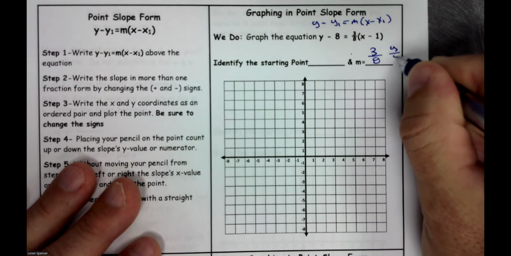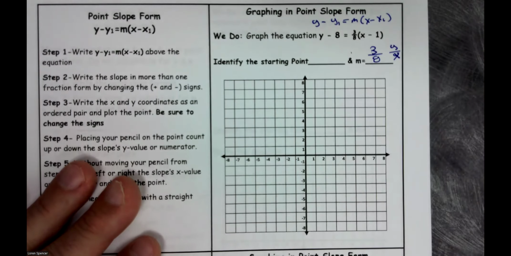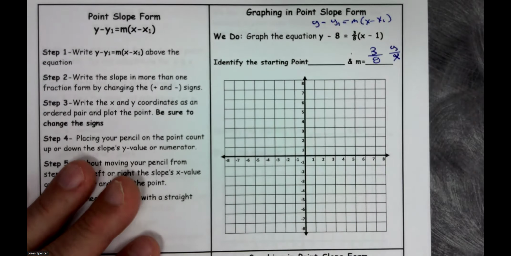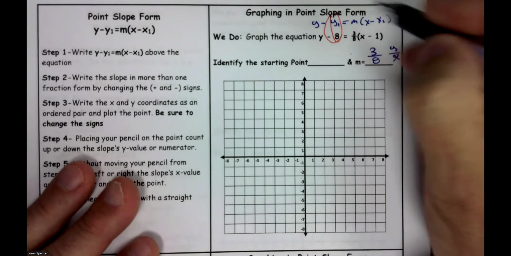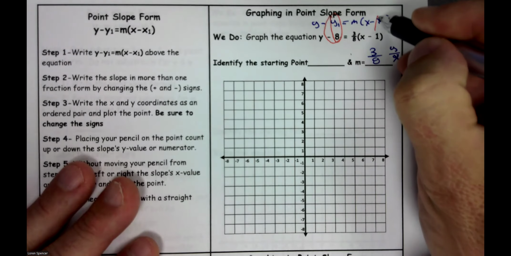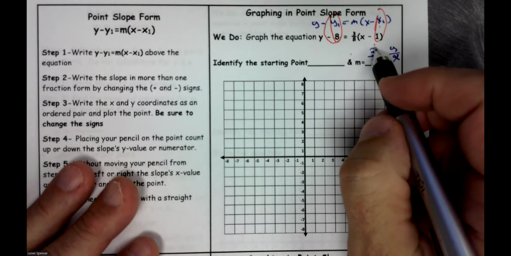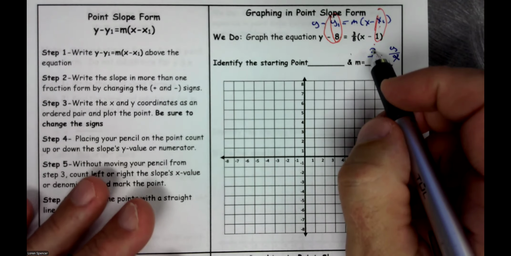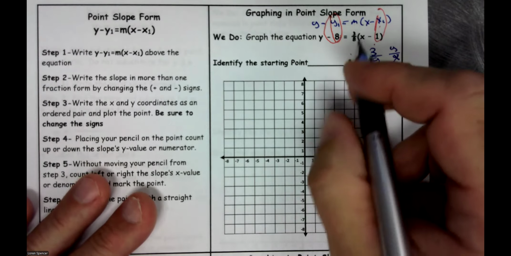And remember, it's always y over x. And I go, oh, there's x1 and there's y1 right here. So in this case, watch out for the signs. All right, watch out for the signs. So this is -8.